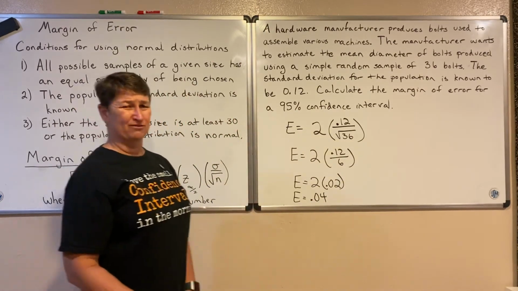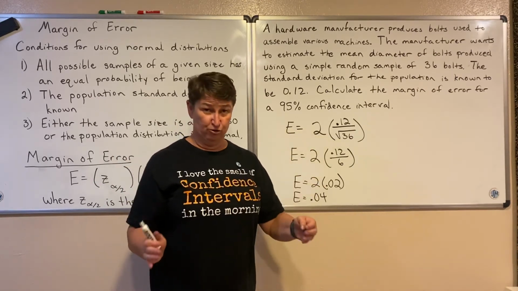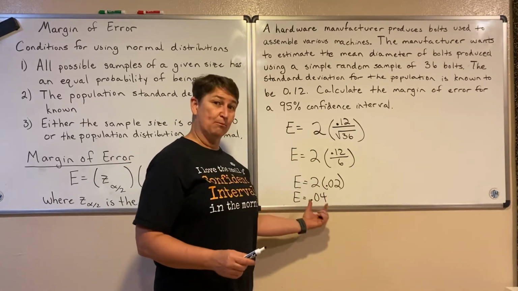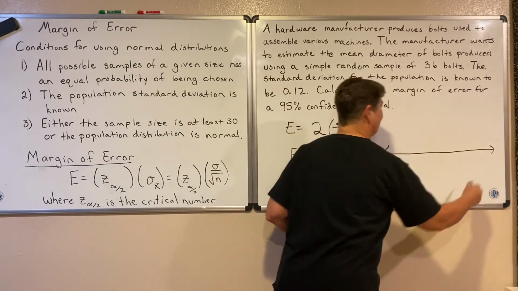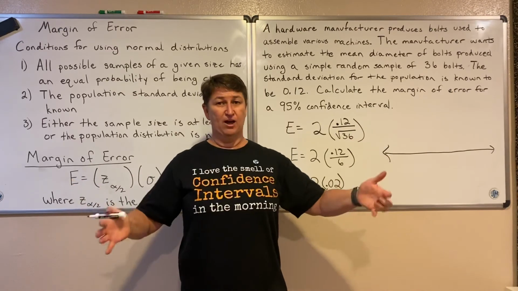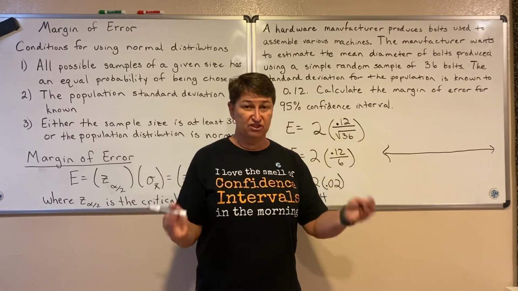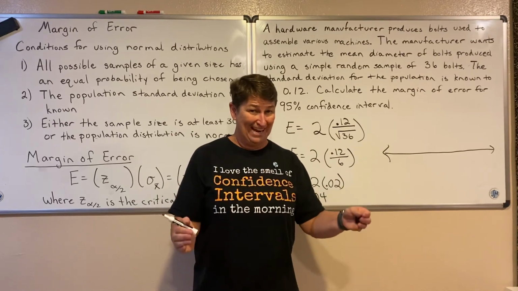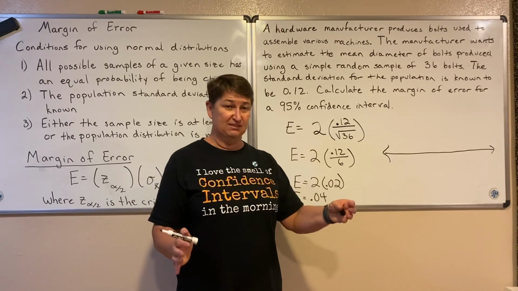So what does that margin of error mean? Well, when I'm talking about my confidence interval, I'm going to use that margin of error. So when I start talking about the confidence interval, I'm 95% confident that some value, some statistic falls within this range, and that margin of error is that distance out.